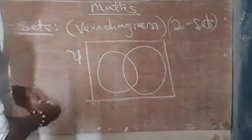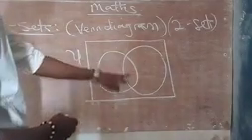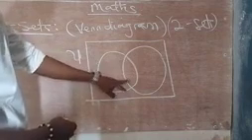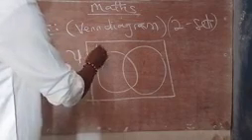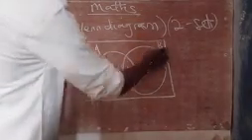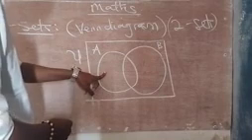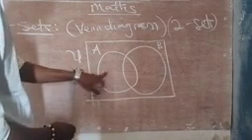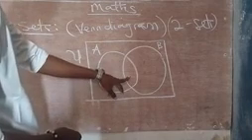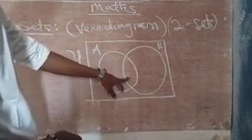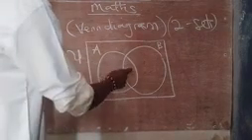You discover that there's a portion of overlap here, which represents where elements of set A and elements of set B are common, the point of intersection.